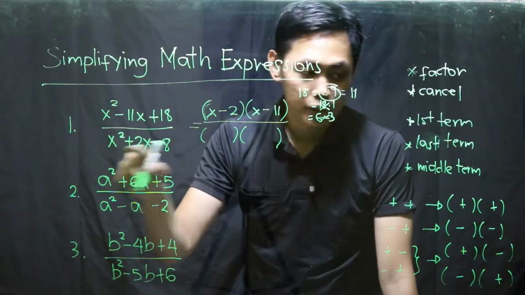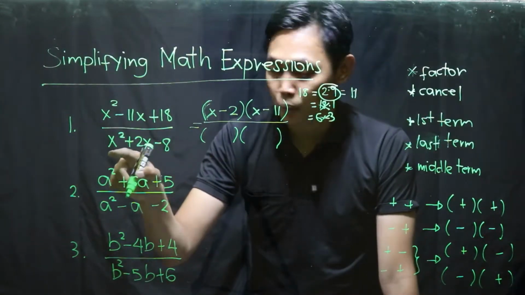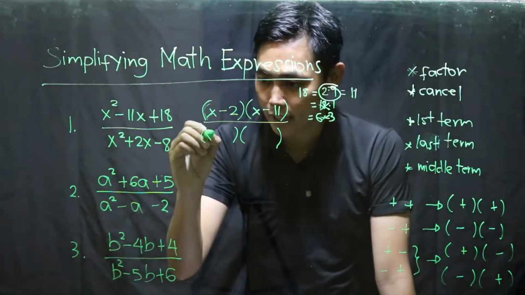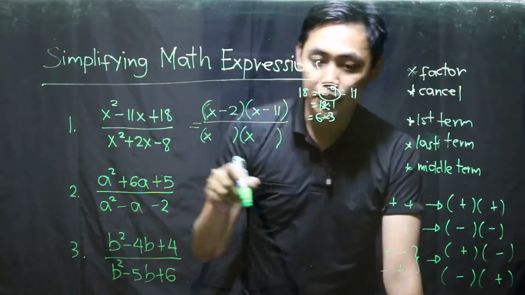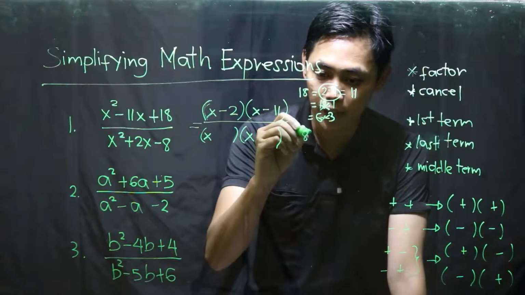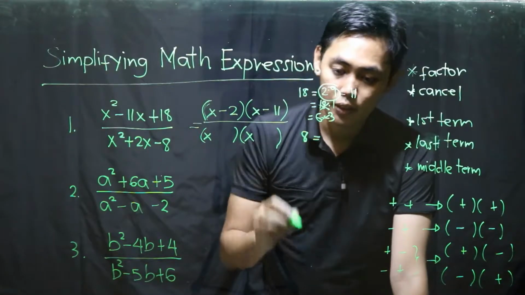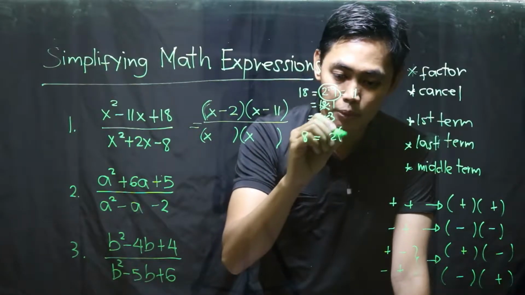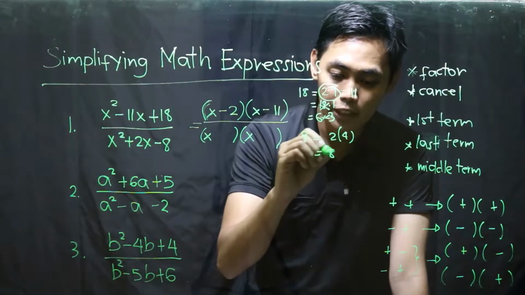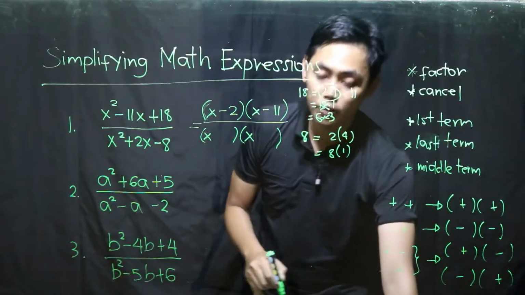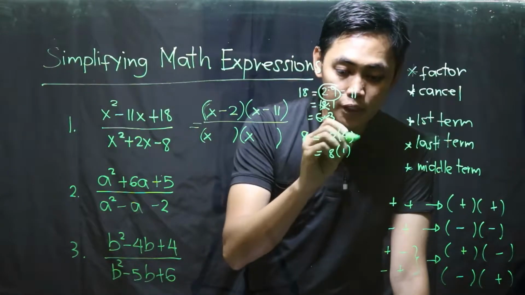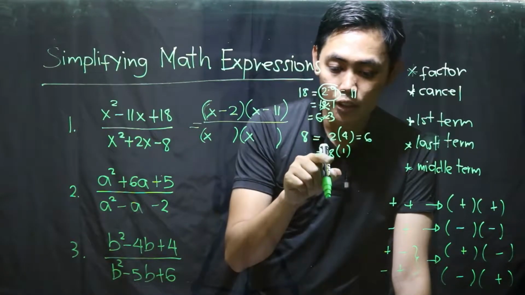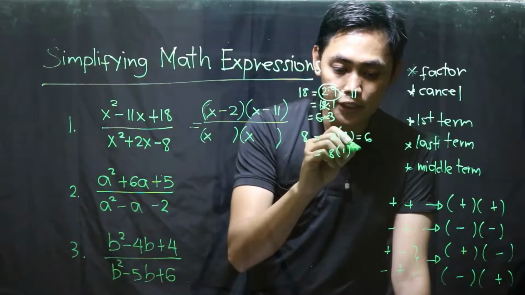We have first term x squared, so this is x and x. Our last term is 8. So what are the factors of 8? That would be 2 times 4 and 8 times 1. 2 plus 4 is 6. 8 plus 1 is 9.